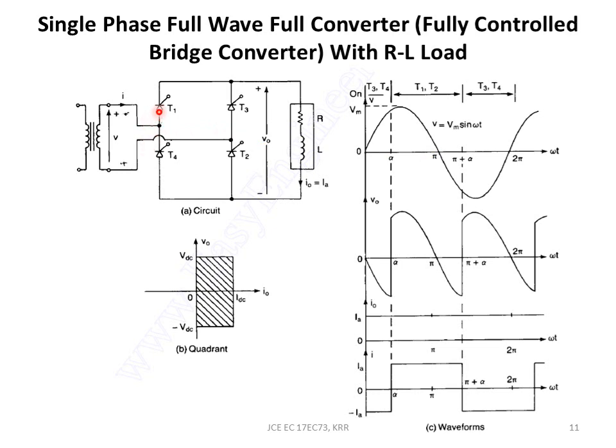So positive is connected to the anode of T1 and negative is connected to the cathode of T2. Hence T1 and T2 are going to be forward biased, whereas for T4 and T3, this is negative, so this will be forward biased and this will be reverse biased. So we have T1 and T2 as forward biased.